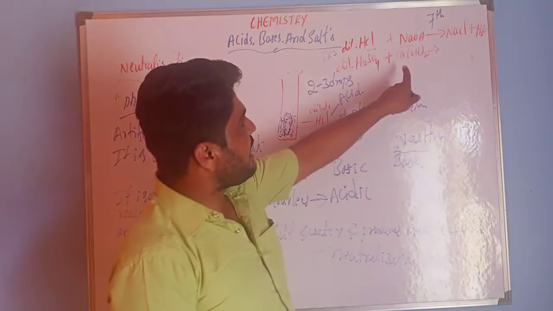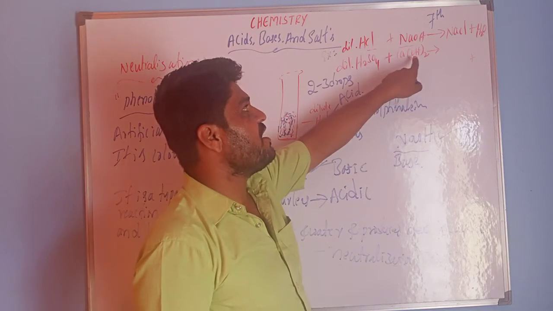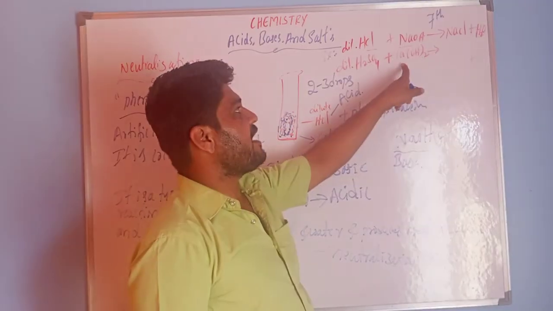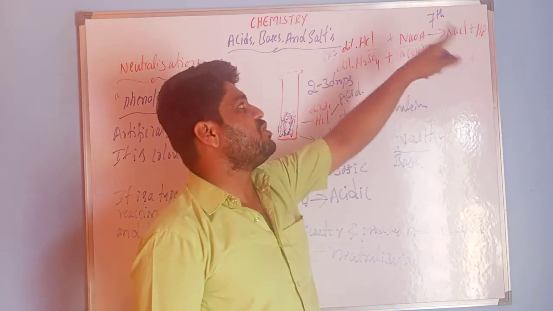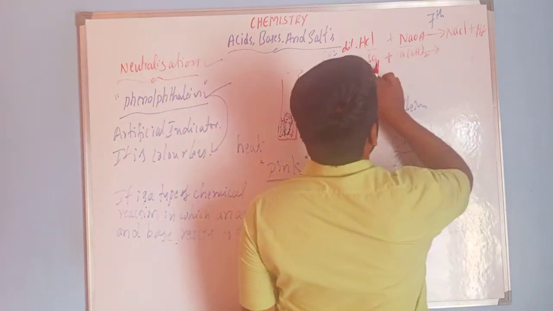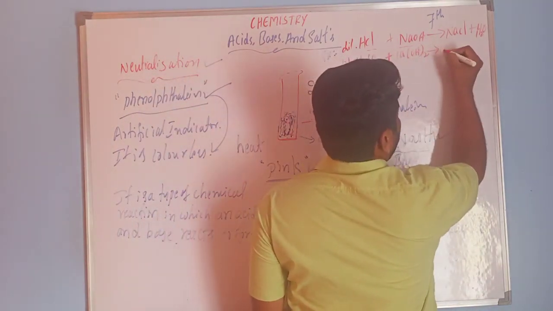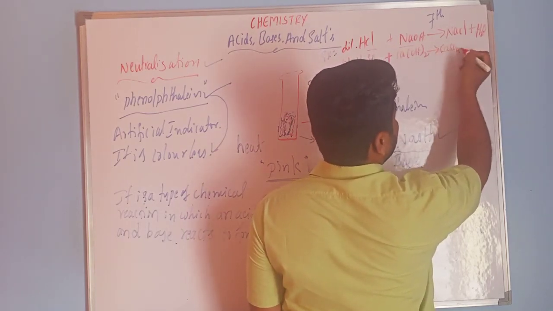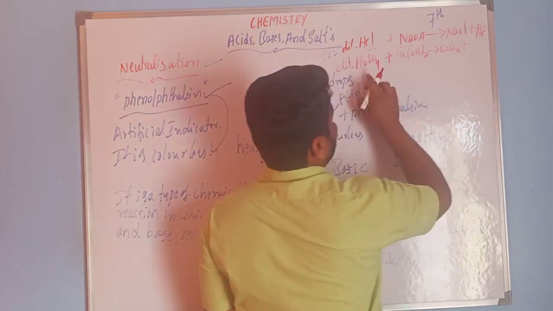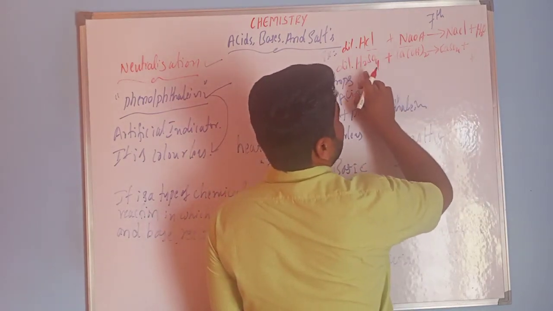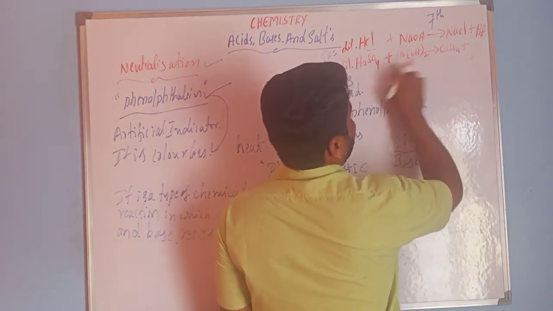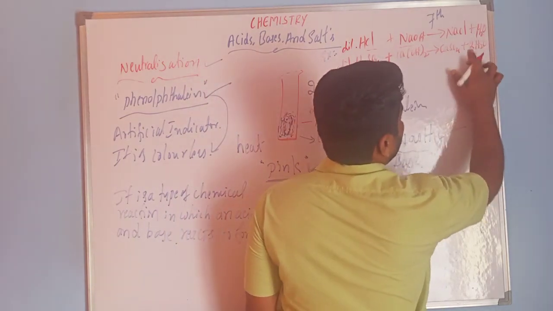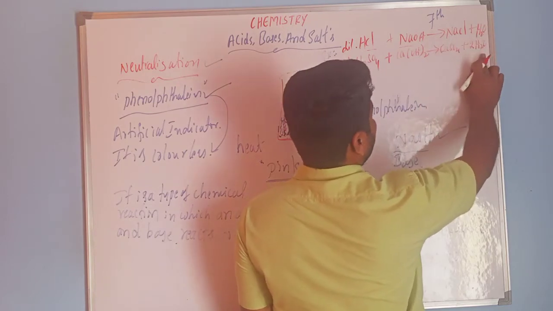Calcium hydroxide, Ca(OH)2. So H2SO4 is the acid, calcium hydroxide is the base, which produces calcium sulfate, CaSO4, a salt, and the remaining H2 with O gives 2H2O. So this is salt and this is water.